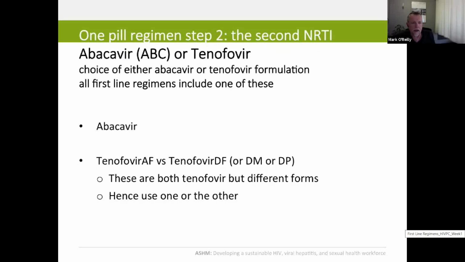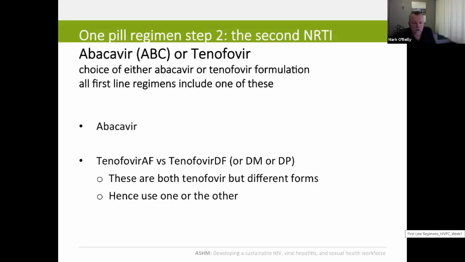Then looking at abacavir versus tenofovir. So the choice of either abacavir or tenofovir formulation. Looking at the backbones in the traditional triple therapy regimen, you would generally be taking either abacavir or tenofovir. And the tenofovir would either be tenofovir alafenamide, which is the newer form of tenofovir, which has a better toxicity profile in terms of reduced toxicity to both kidney and bone.